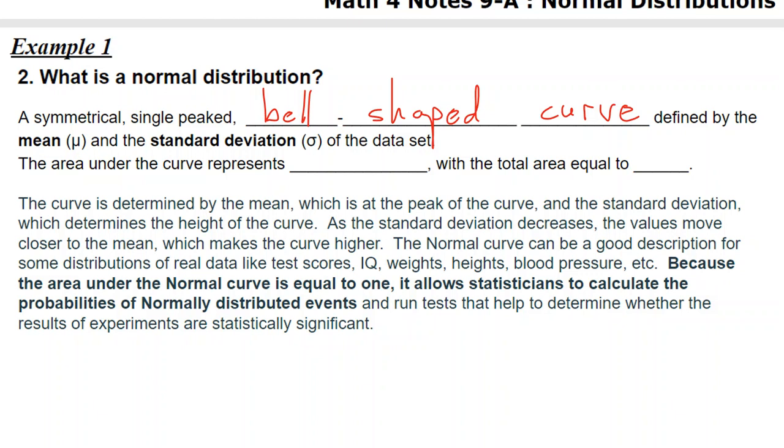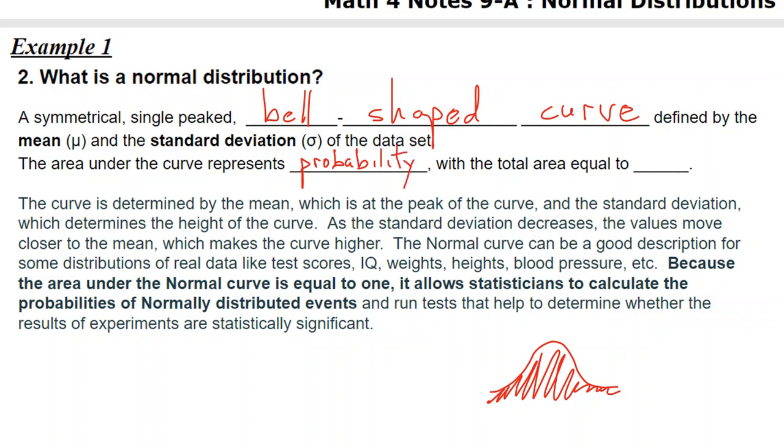Now the area under the curve, we talk about the bell-shaped curve. The area that lives underneath it represents the probability of whichever part of the graph you're looking at. Wow, okay. Let's try that again.